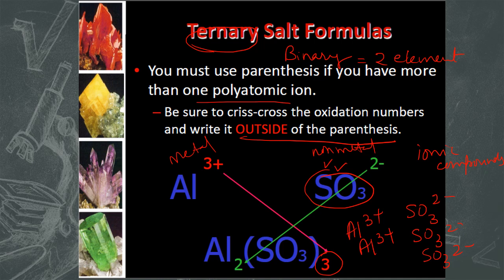And we can name it aluminum, the same name, for the first element. And for the second element, the polyatomic ion, we can get the name from the reference material. We are just putting it together. So that is nothing but aluminum sulfite. Okay, that's it.